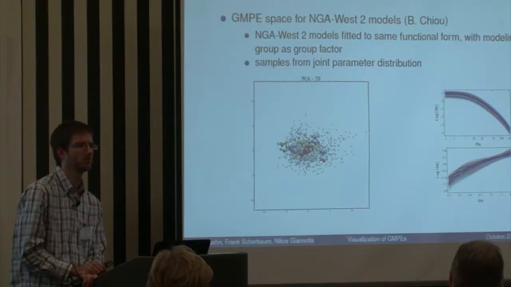Now, an important question will be, if what is relevant for hazard at the site is only a small subset of all the data, isn't that part of the variance precisely what's missing here? Because this is controlled by magnitude and distance scaling over a wide range of data. In other words, one of the directions in which the relevant data for hazard lies may not be captured by those two principal components.